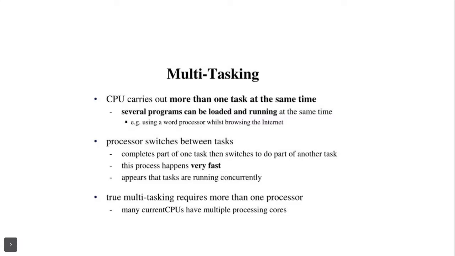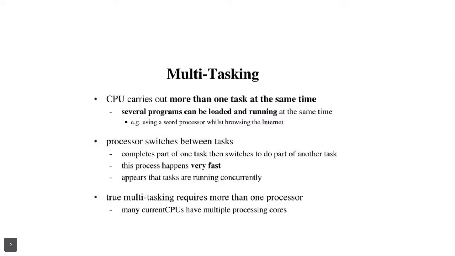The CPU carries out more than one task at the same time, and the processor switches between the tasks. It completes part of one task, then switches to do part of another task. This process happens very fast, but it appears that tasks are happening concurrently.